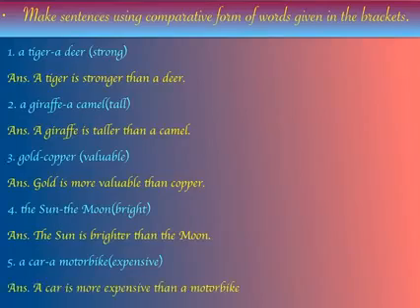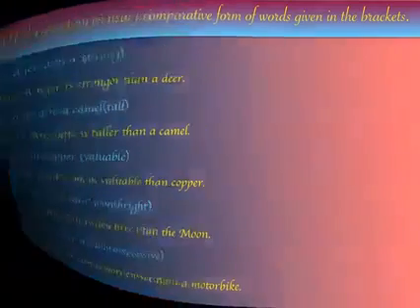A car is more expensive than a motorbike. Here also the word expensive won't be changed, and so we are going to use more for comparison between a car and a motorbike. So students, I hope that you are clear with this exercise. So please do it in your textbook.